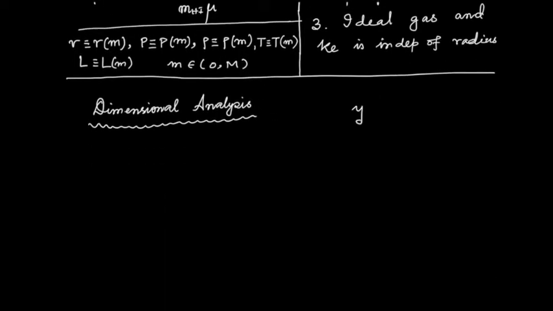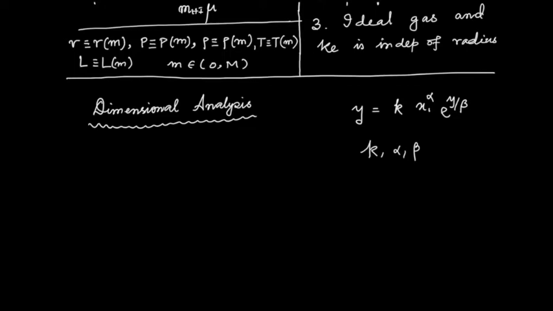Let's do maybe a little diversion. Say y equals some k times x1 to the power alpha times x2 to the power beta or something like that. So say these are the dependencies. Here I can figure out what the dependence is, but what I do not know is the value of k, alpha and beta.